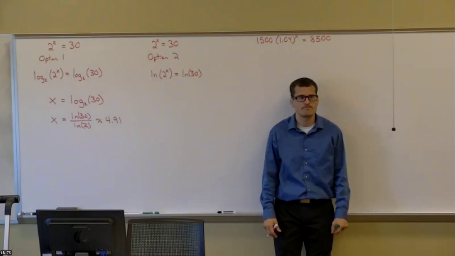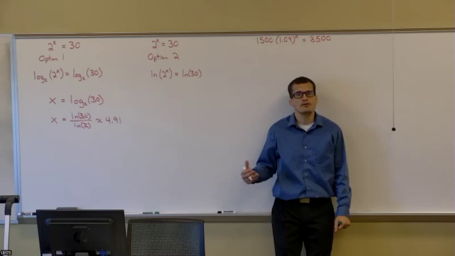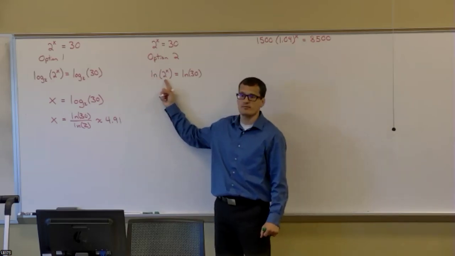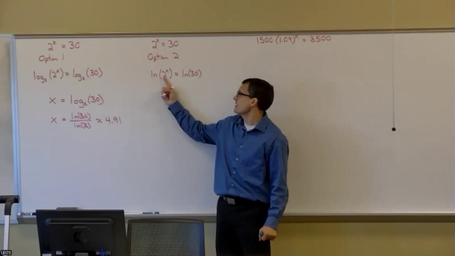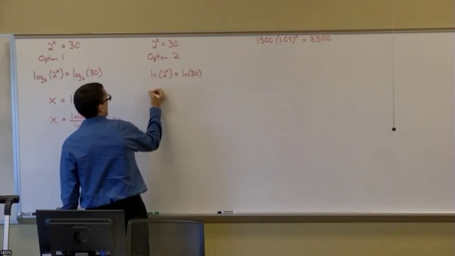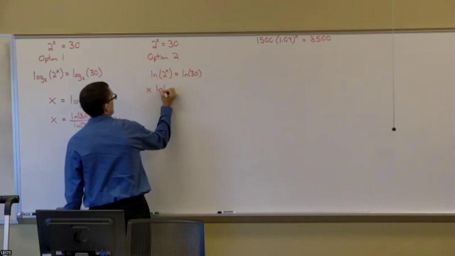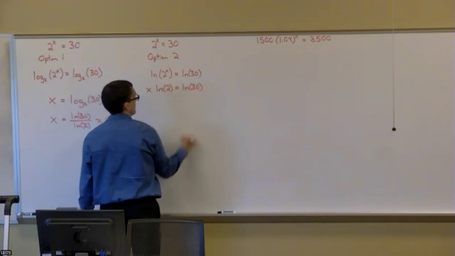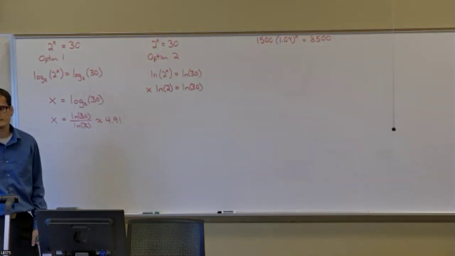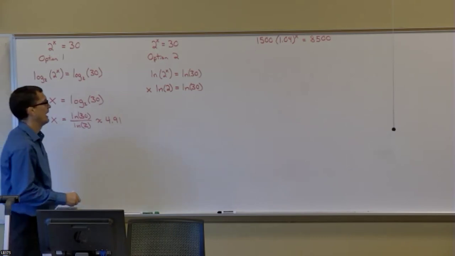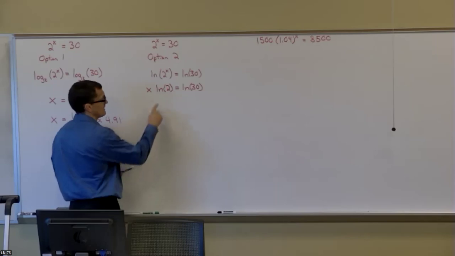On this, we would use the power rule of logarithms, and we'd say natural log of something raised to the x power is the same thing as if I pull that x power out front, and then I have natural log of 2. We okay with that rule? Pull the x power out front, natural log of 2. And then I would divide both sides by natural log of 2.